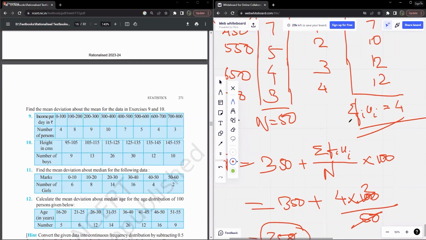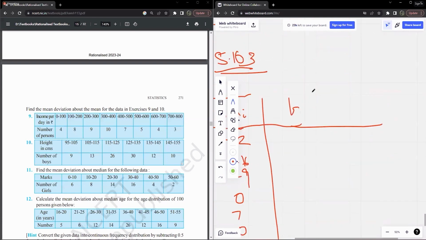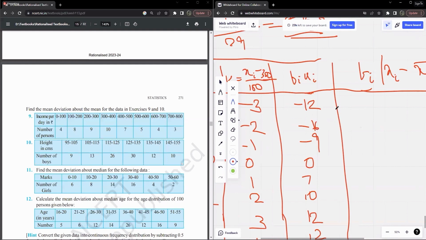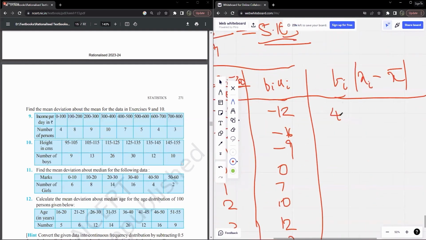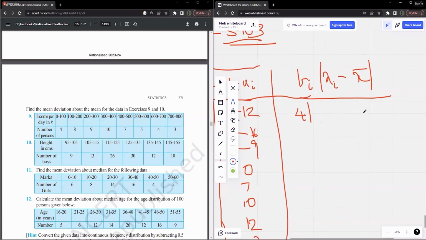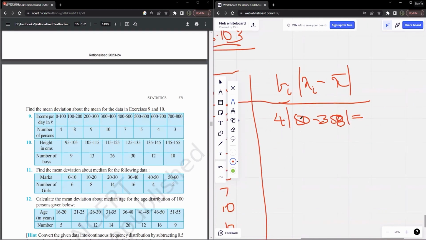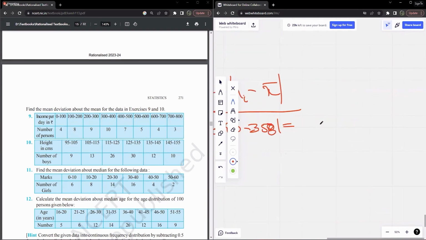And finally, we have fi times mod of xi minus x bar to be calculated, because that is what gives us the mean deviation. So this is going to be 4 into mod of 50 minus 358, that is going to be 4 times 308, which is 1232.